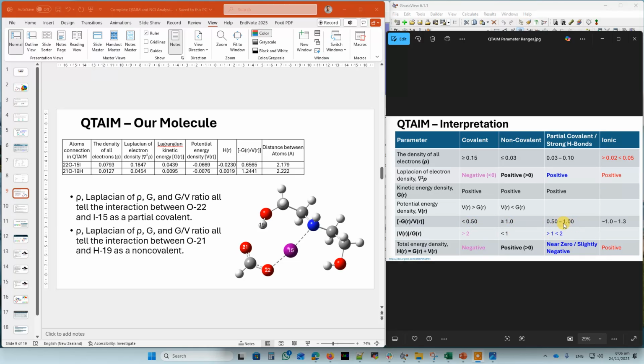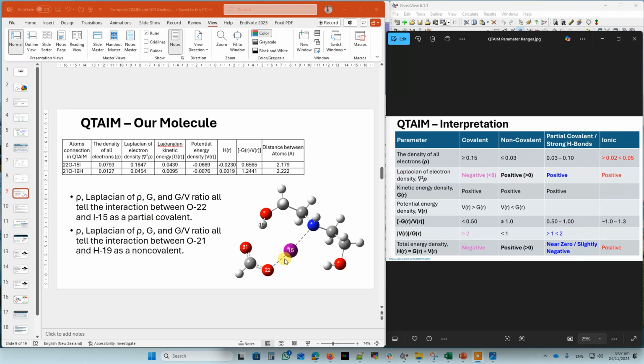And if it is in this region, it's partial covalent, or like it is still non-covalent, but a bit stronger. So it falls in this region. And then if you look at the distance of the atoms, that also gives you a clue. If you have a bit of knowledge of different bond lengths, you can correlate it. But overall, all these things correlate well to the partial covalent nature of this bond.